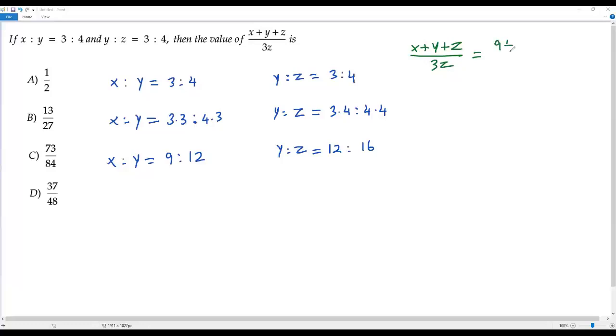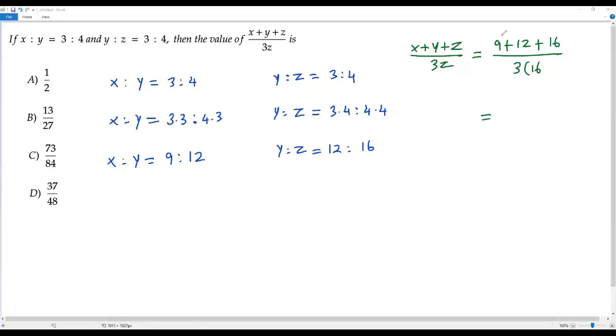For y, we have the same value 12 in both the ratios, so we can plug in 12 for y. And for z, we have 16, because in the second ratio, 16 is the value corresponding to z. So we can plug in 16 for z, and in the denominator, 3 times 16.